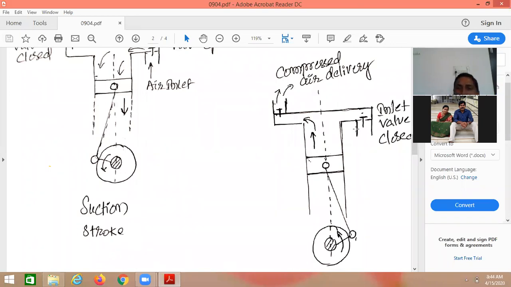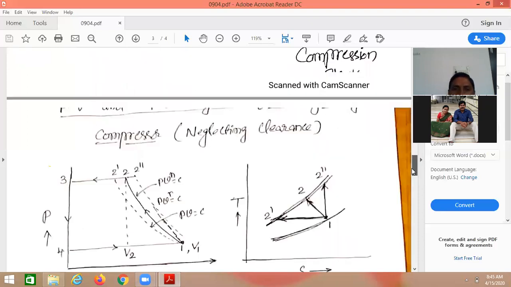At the end of the compression, the delivery valve will be opened, or the discharge valve will be opened. From there, it goes and is stored in the storage tank. So this is the working of the reciprocating compressor. The single stage reciprocating compressor we have discussed.